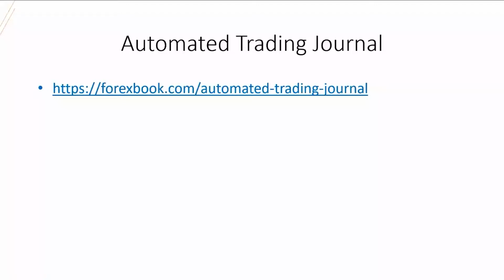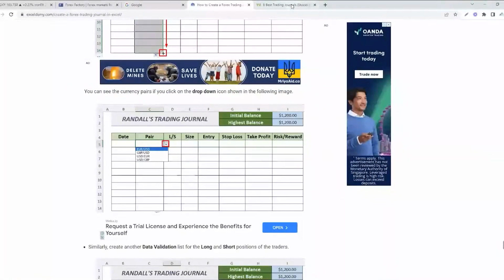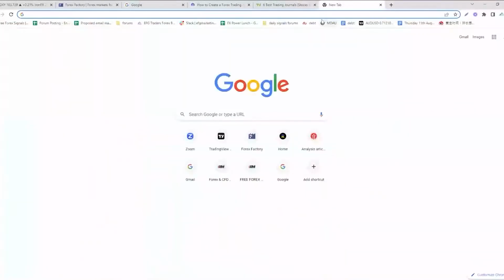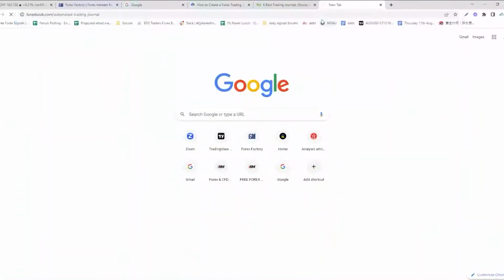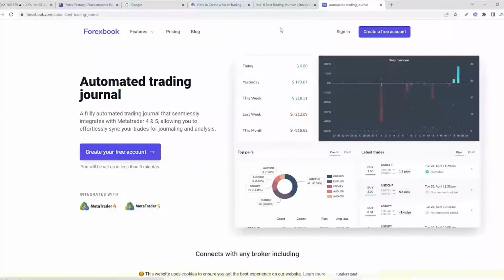Okay, so I'm on the website here. I randomly Googled for automated trading journals, and this is one of the examples that came up.